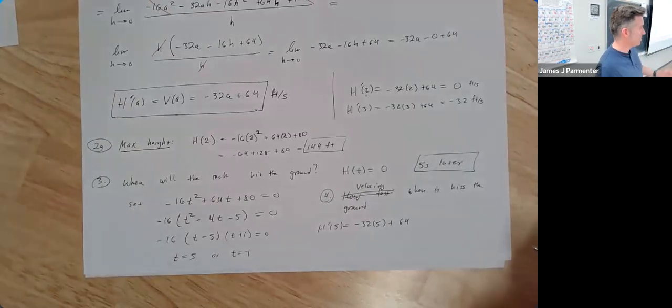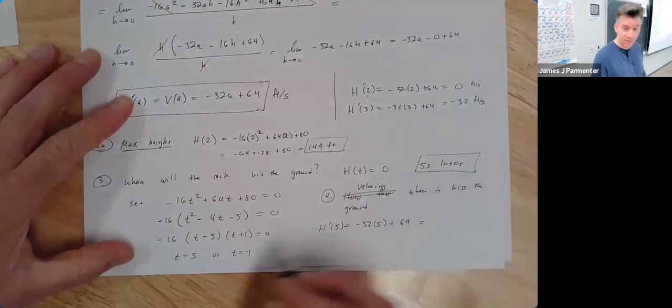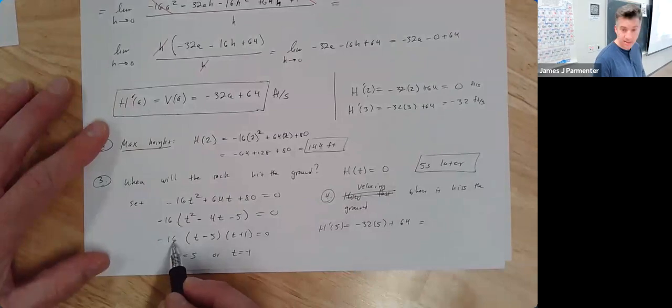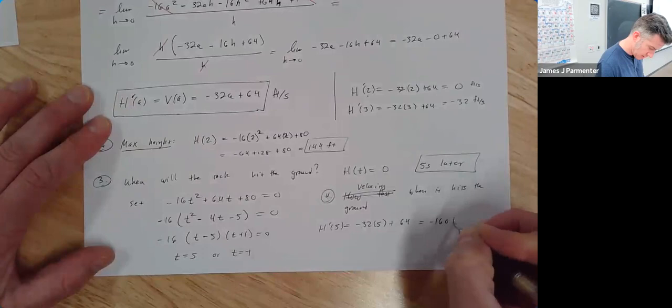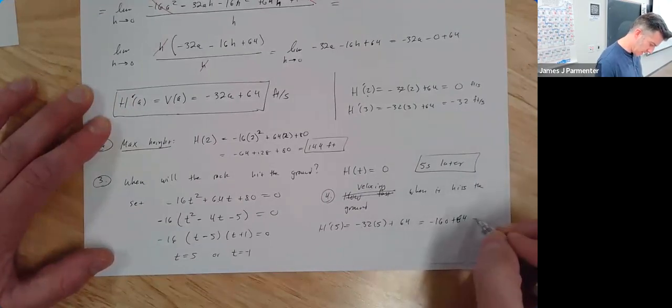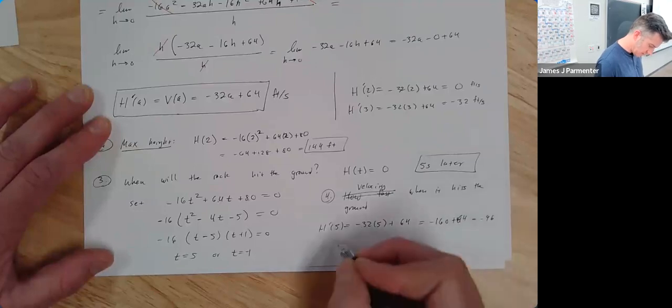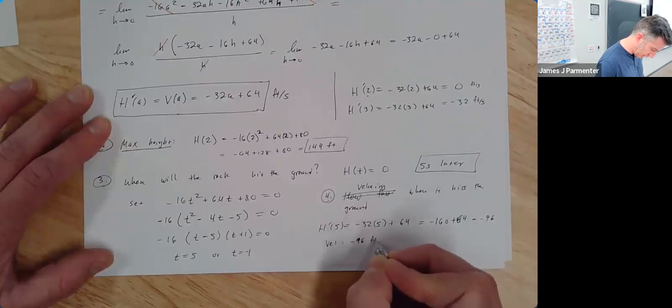So negative 32 times 10 is negative 320, divided by 2 is negative 160. I factored out the negative 16. We don't actually need it. And negative 160 plus 64 is equal to negative 96. So the velocity is negative 96 feet per second.